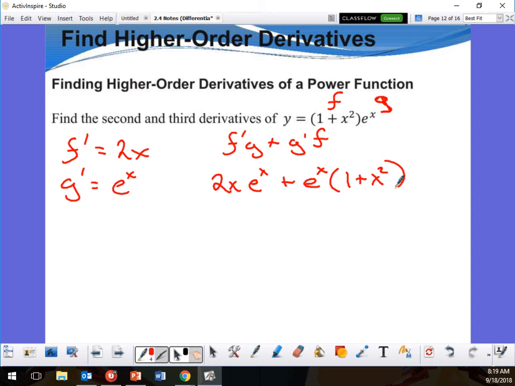Do they both have a common factor of e to the x? If I take out an e to the x, I'm left with 2x plus 1 plus x squared. There we go. I would just leave that be. The only other thing I could do is rearrange to have the highest degree first, so it would be x squared, then x, then 1. But at this current point in math, you don't have to do all that. Just leave it.